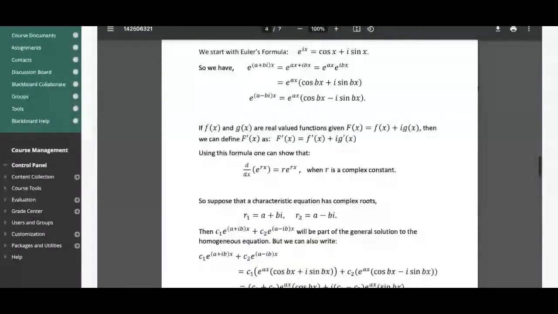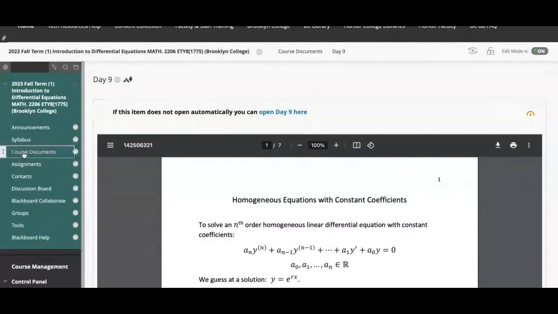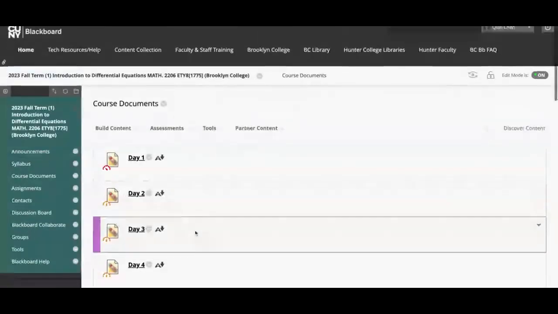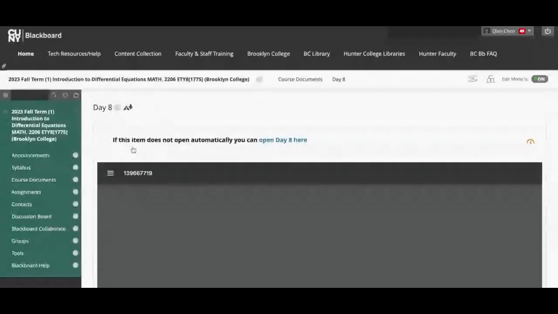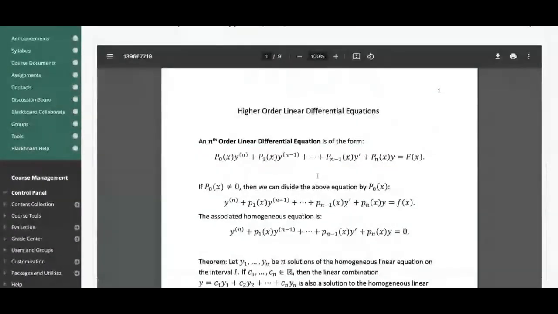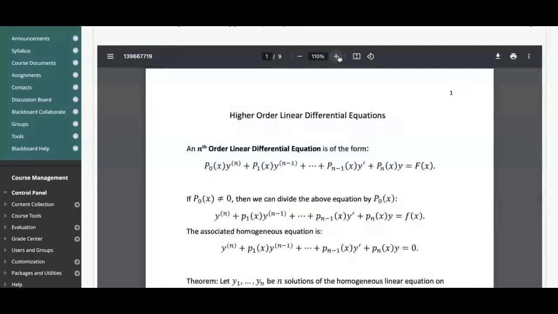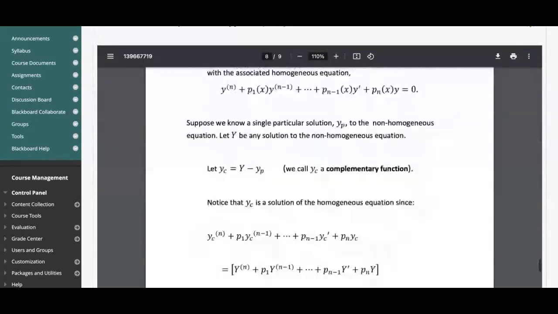Okay, so does anyone have any questions? I know last class I was cut off. I was talking to myself the whole time for the later part of lecture 8, which is higher order linear differential equations. Does anybody have any question over this lecture?